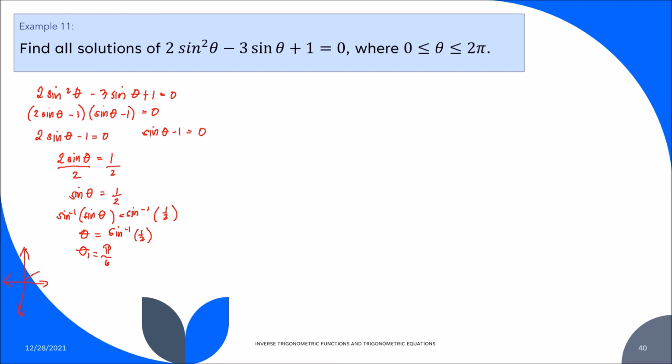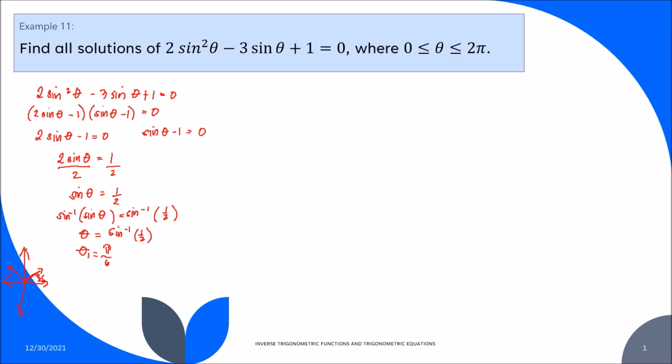Take note that on the second quadrant, we can also have a positive value for sine.